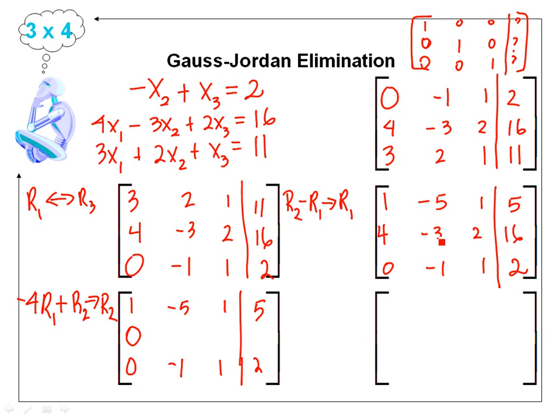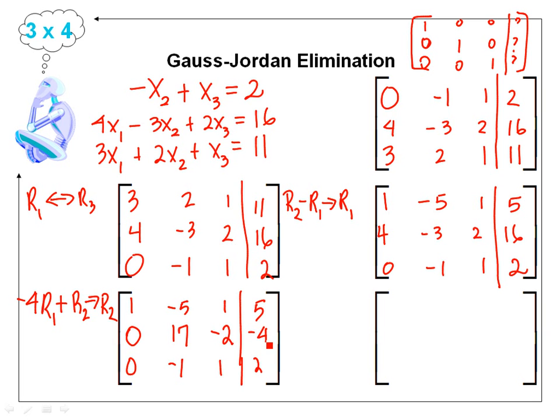We're going to add it to -3. 17. -4 times 1 is -4. Added to 2, -2. -4 times 5 is -20. And add it to 16. -20 plus 16, -4. Alright.